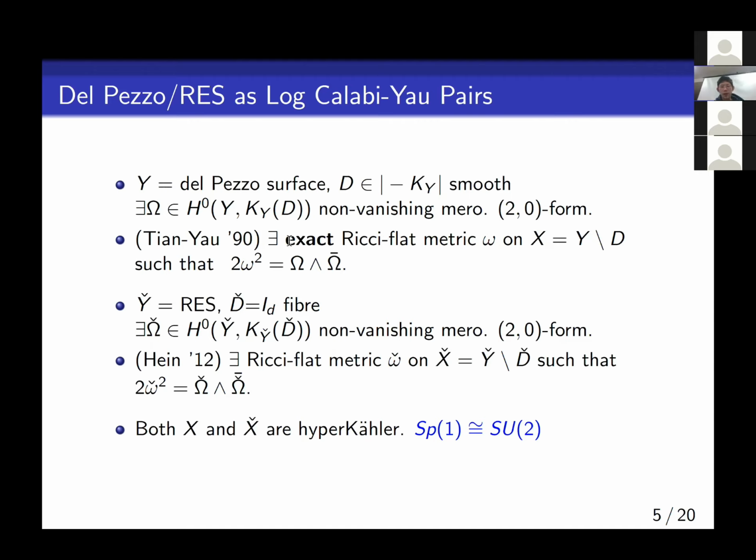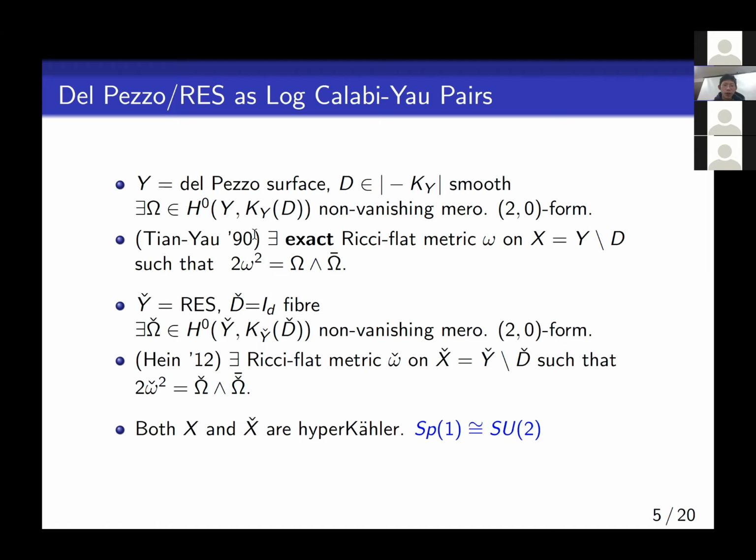Unlike the compact case, we know that given a compact complex manifold with c1 equals 0, then by Yau's theorem, there always exists a Ricci-flat metric in a given Kähler class. However, this is in general not known for non-compact manifolds.